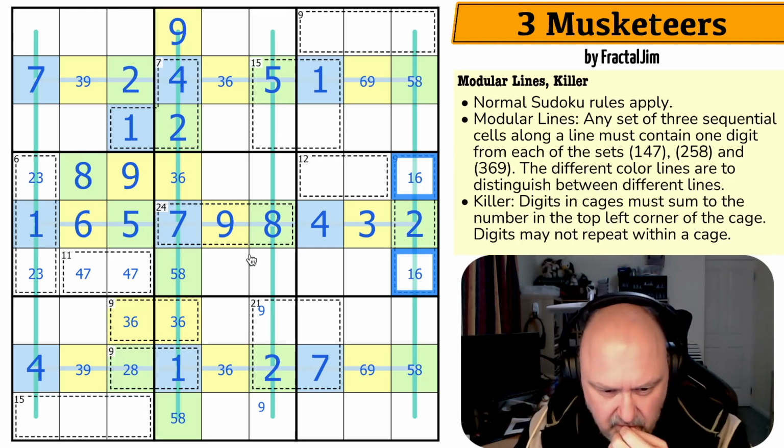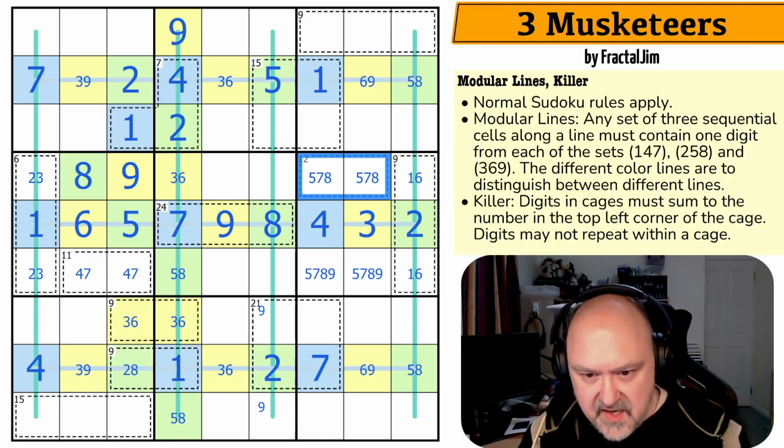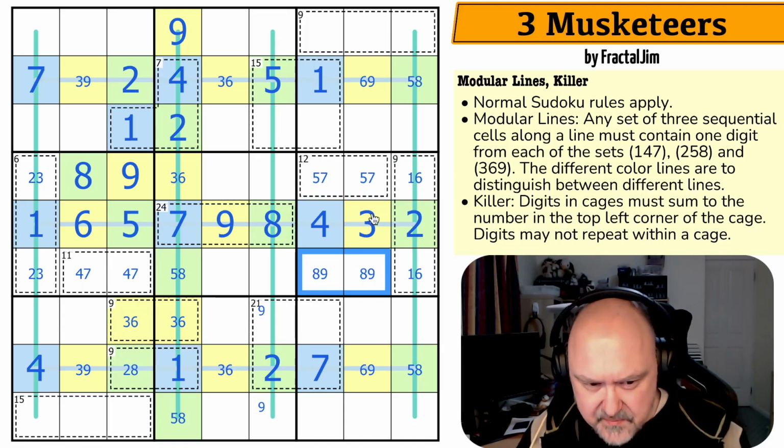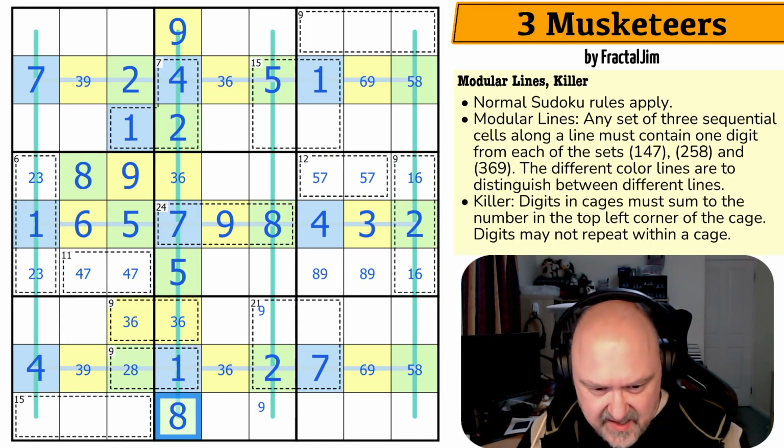I like this a lot. So is it this 12 cage? These are 5, 7, 8, 9. So if these are 5, 7, 8, 9, I can't do 9, 3 here. I can't do 8, 4 here. This is 5, 7. So 5, 7 comes out of here. This is 8, 9, making this the 5 and this the 8.